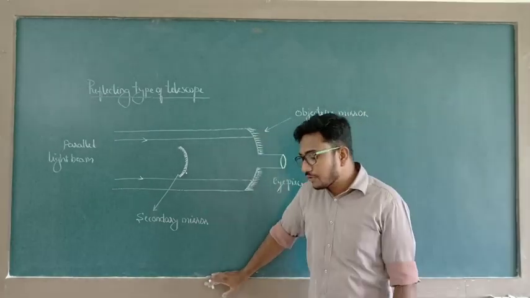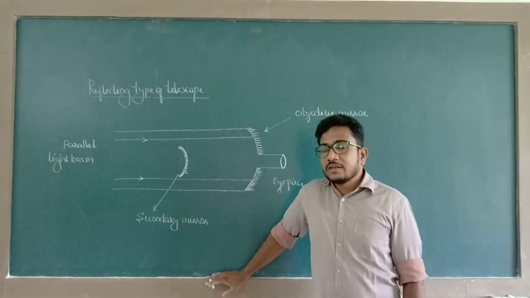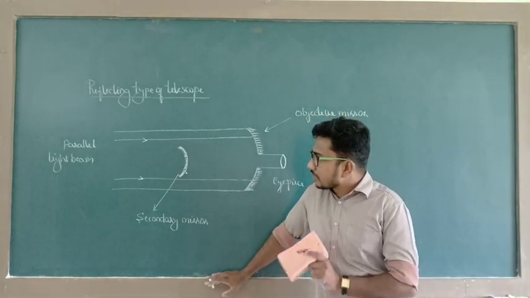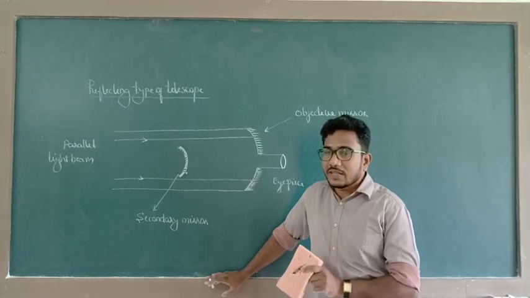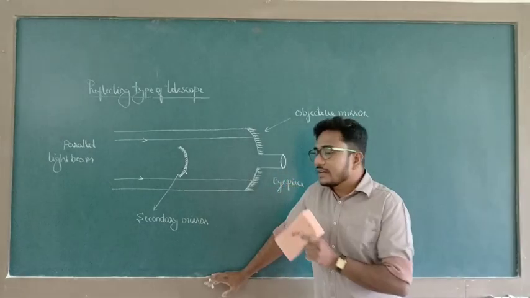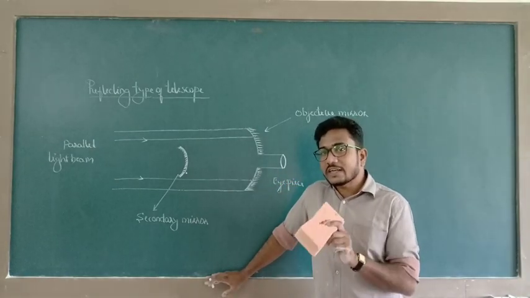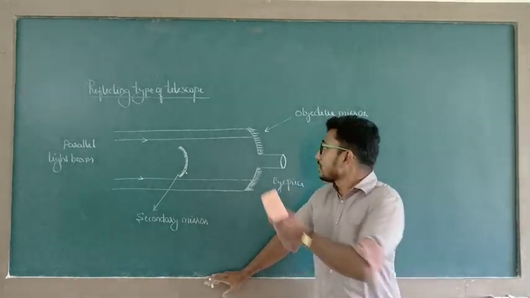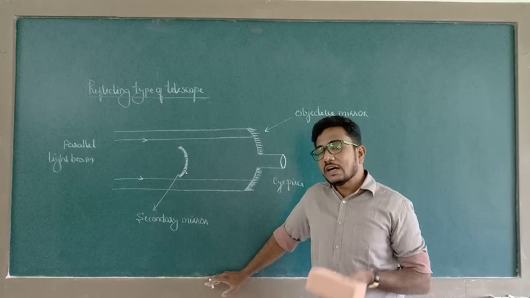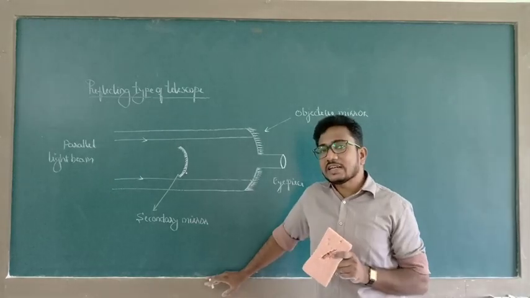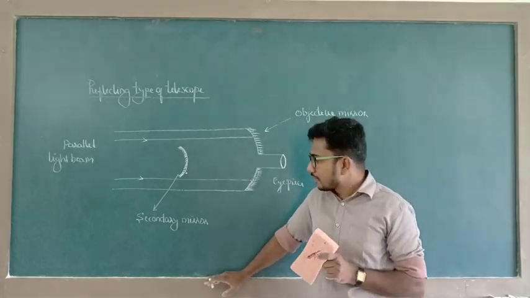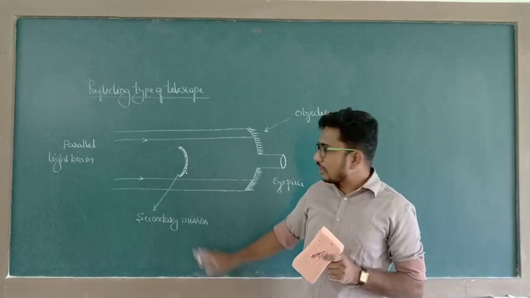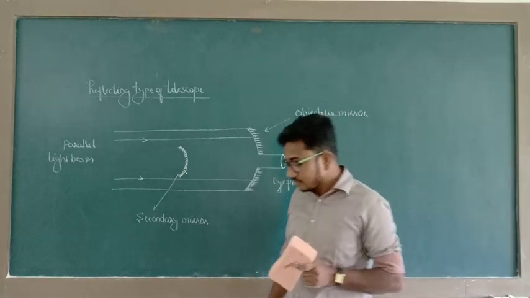In this arrangement, after reflection, before the reflected light rays converge at the principal focus of the objective, again those light rays are reflected by the secondary mirror or convex mirror.